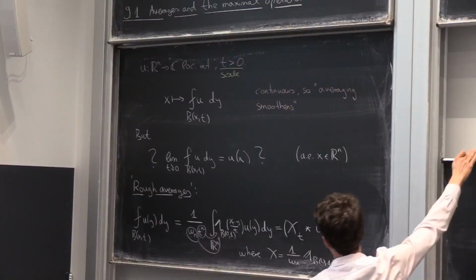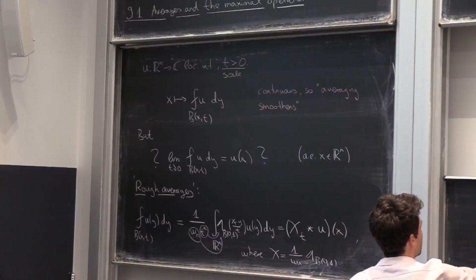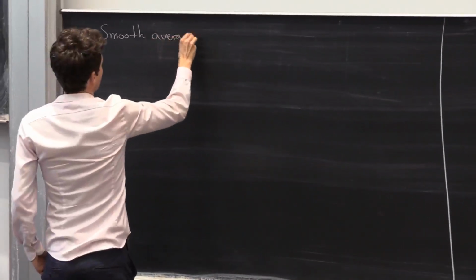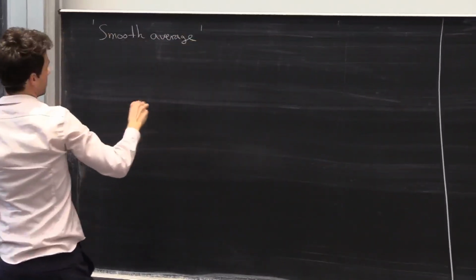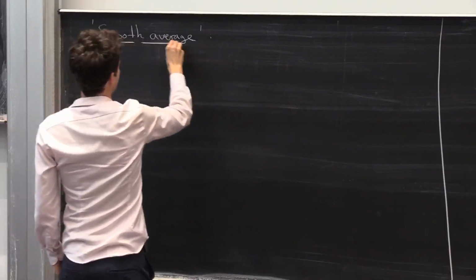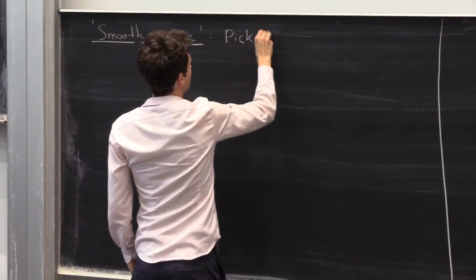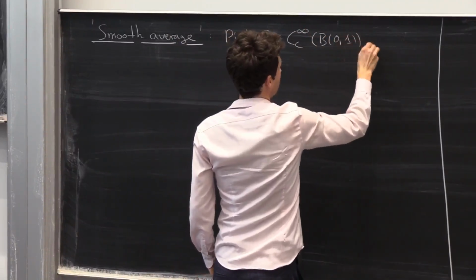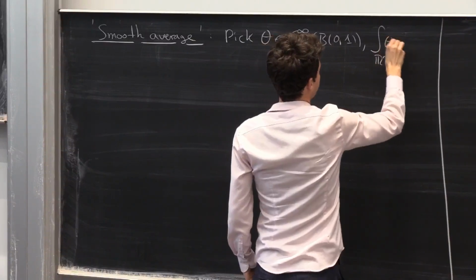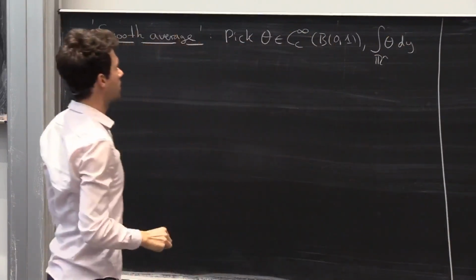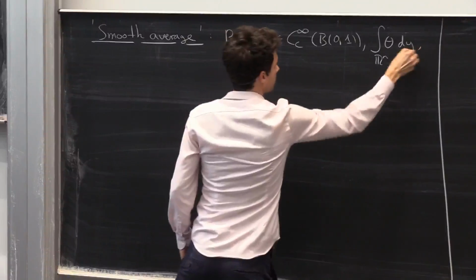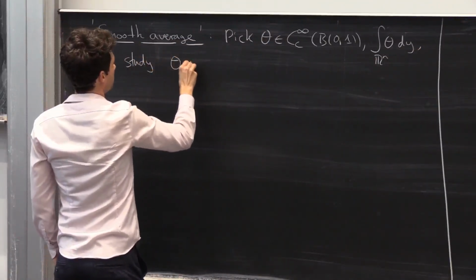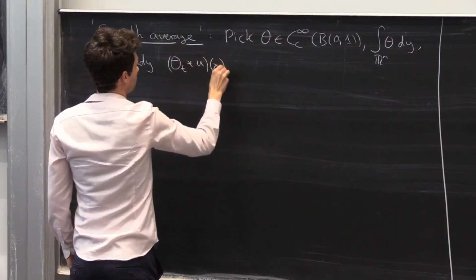And then this formula with the convolution of this characteristic function tells me that for smooth averages, I would probably pick theta smooth and compactly supported functions, say in the unit ball, integral 1, and then the smooth average would be theta of t convoluted with u at x.